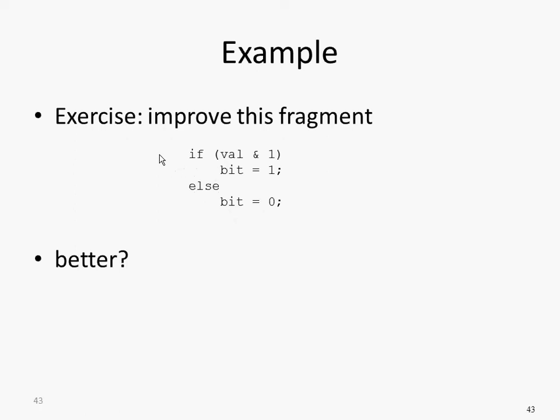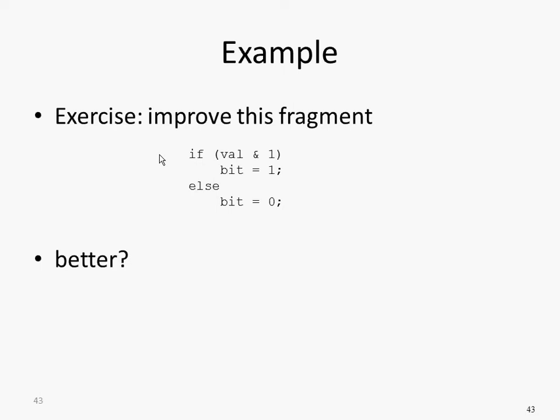Okay, how about this? Group this right. What is this val and 1? It's again a bitwise thing. So here we have this sort of thing where it's being anded with 1 here.